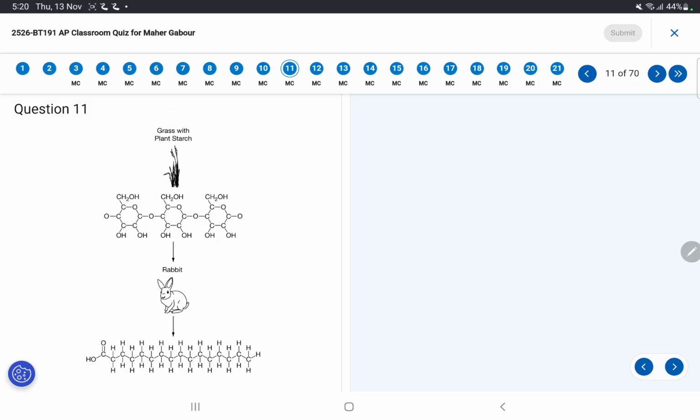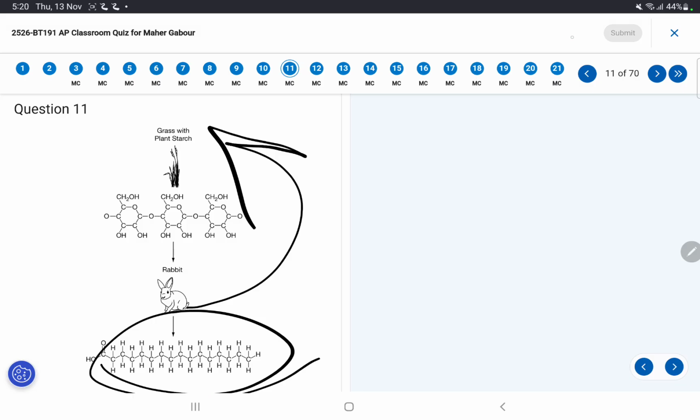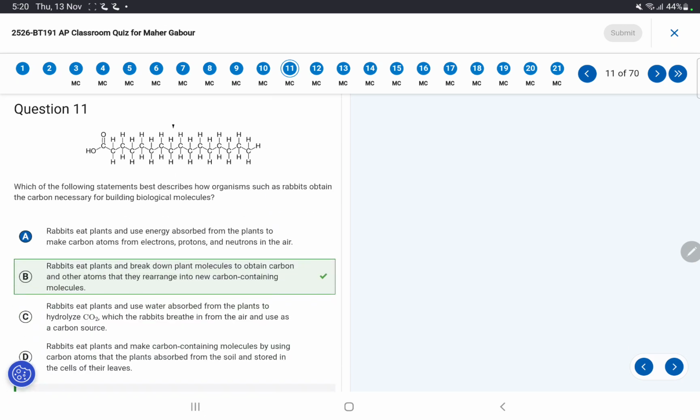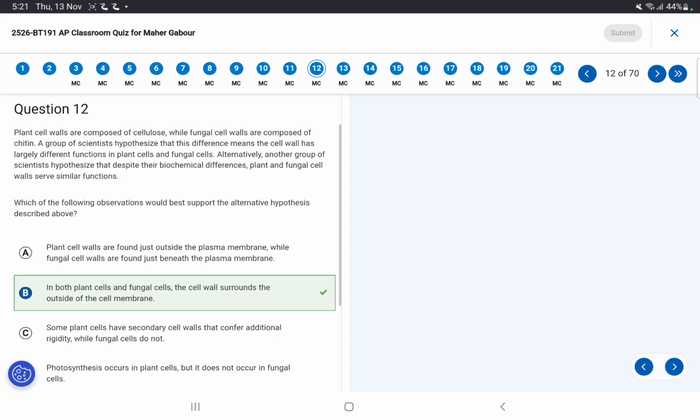How does the rabbit get this carbon? The rabbit eats this, it gets the carbon. Rabbits eat plants and break down plant molecules to obtain carbon and other atoms that they rearrange into new carbon-containing molecules. So the rabbit will eat the plant, take the carbon and other molecules, and rearrange them in the way that its body needs.